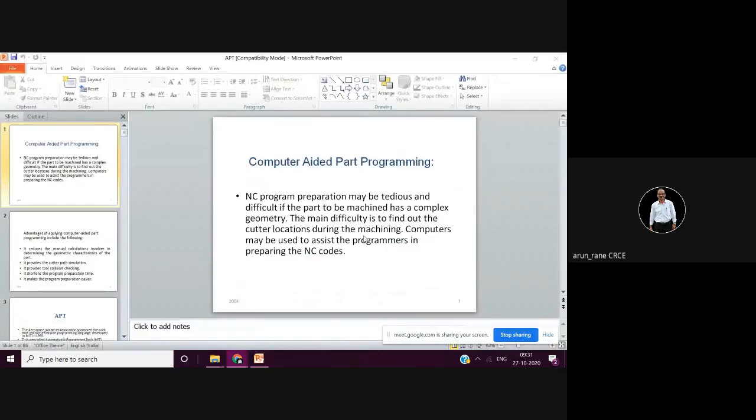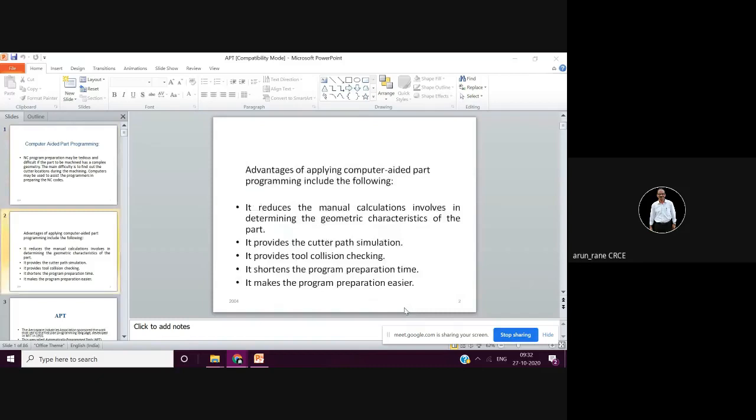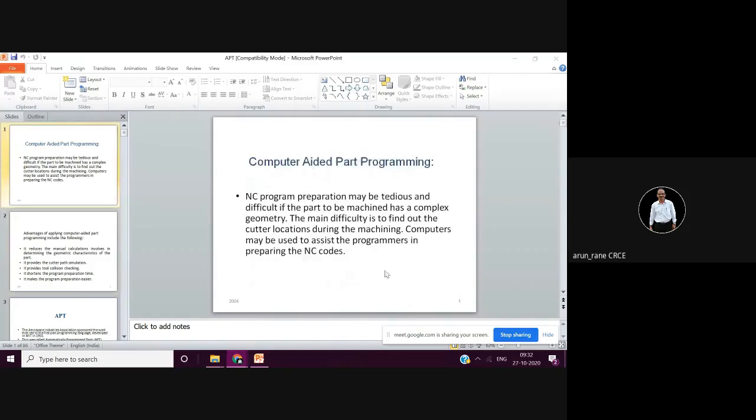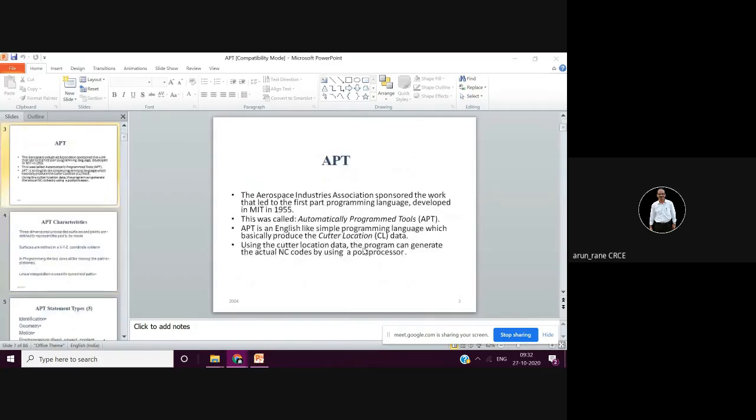Once we complete this APT program, I'll show some videos, before we practice some CNC programming examples. So we were discussing APT. APT is nothing but automatically programmed tools.